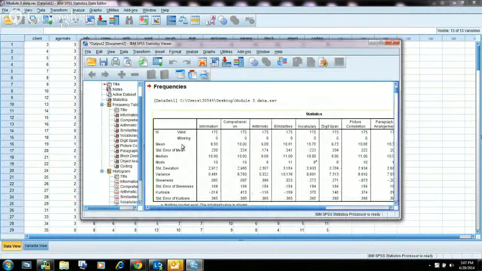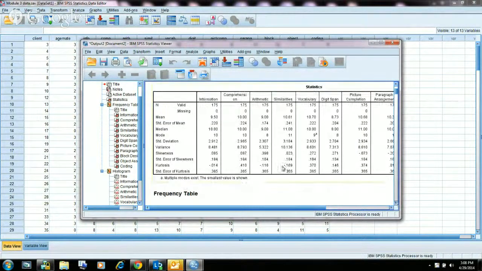Okay, so you can see here, again, this is another way to see if we're missing data. There's no missing data, but we can see that we have our mean across the various subtests, standard error, median, mode, so those are measures of central tendency, measures of dispersion or standard deviation to the mean, and variance.